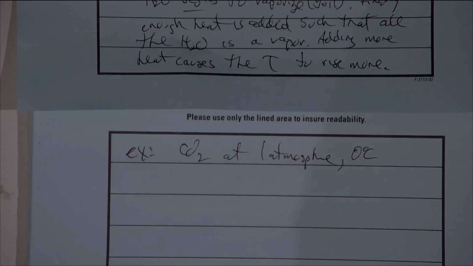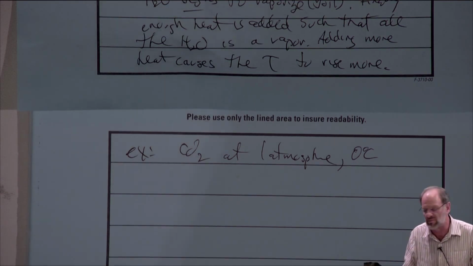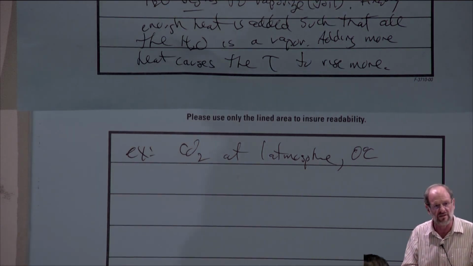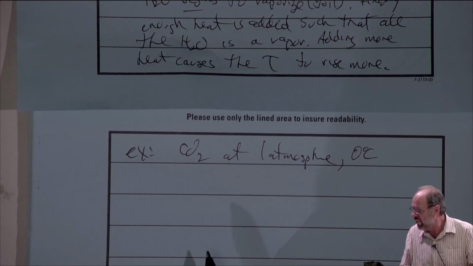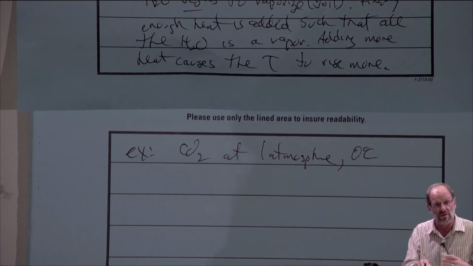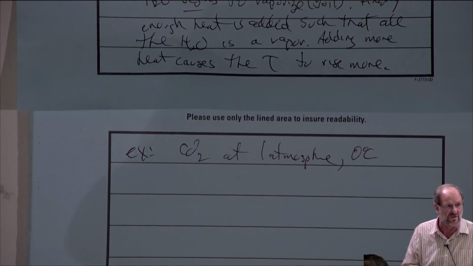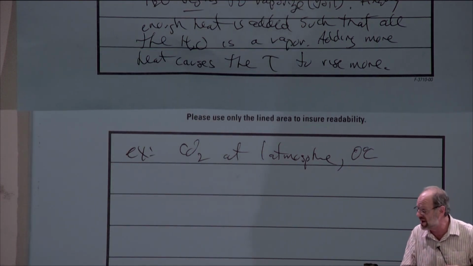Even at that cold temperature, carbon dioxide at atmospheric pressure is going to be a gas. You have to bring it all the way down, gosh, I don't have the number, I think it's like minus 40 degrees Celsius or something like that before it's actually solidified. So if we have very, very cold carbon dioxide, it's in solid form. In fact, we call it dry ice, right?